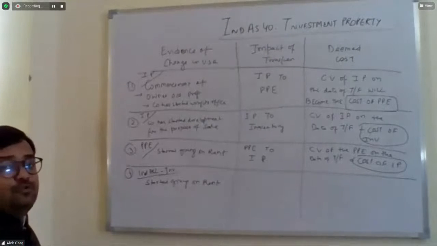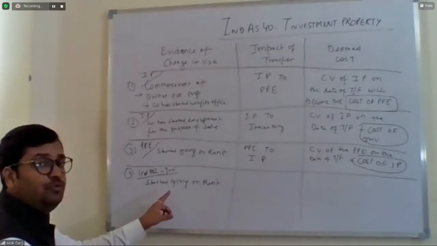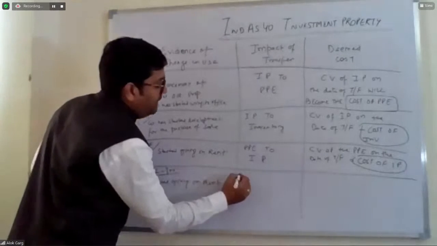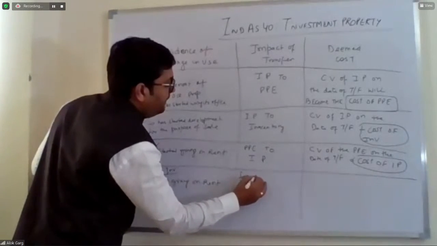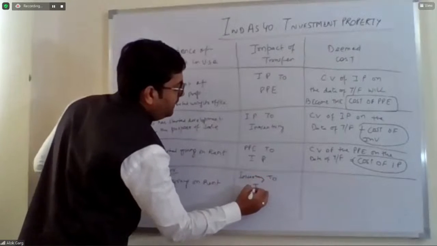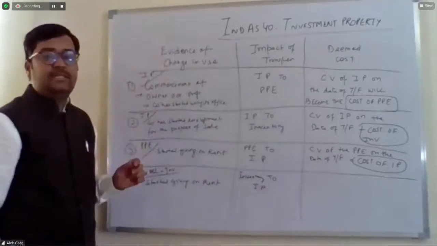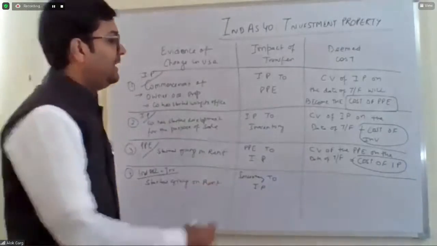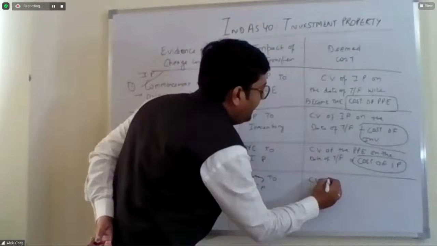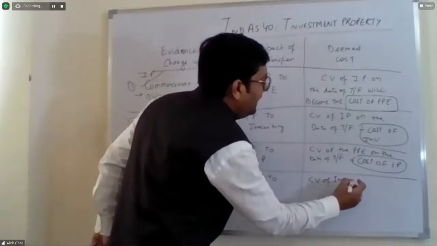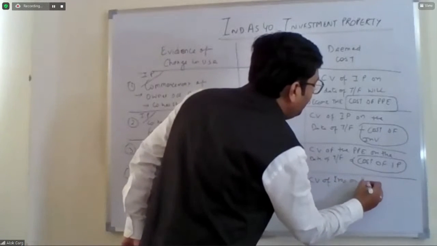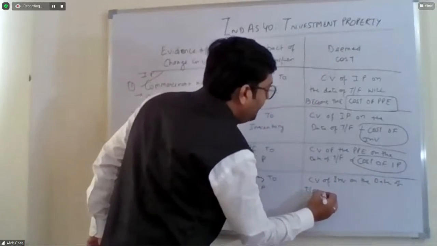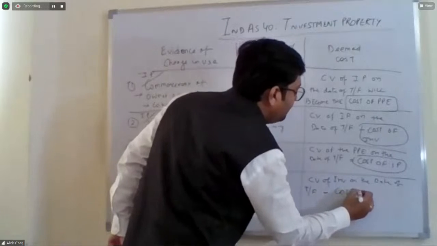Earlier the company wanted to sell that building, now the company wants to use that building to earn rentals. So this will be inventory to investment property. Again, the carrying value of the inventory on the date of transfer, on the date of change, will become the cost of the investment property.